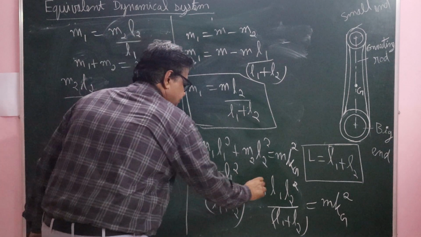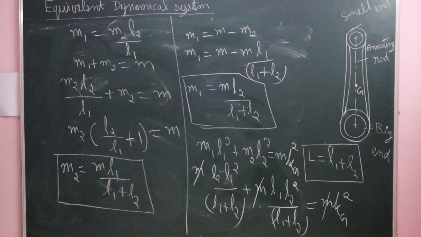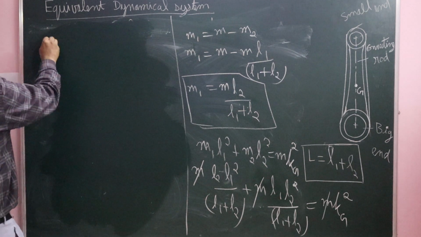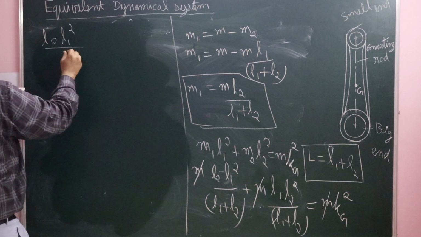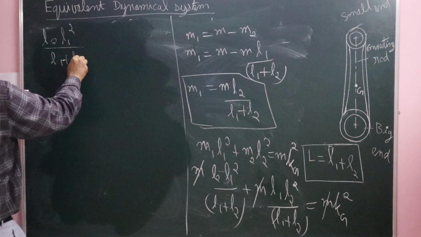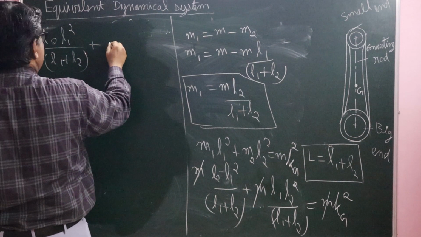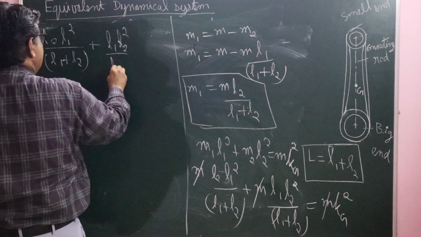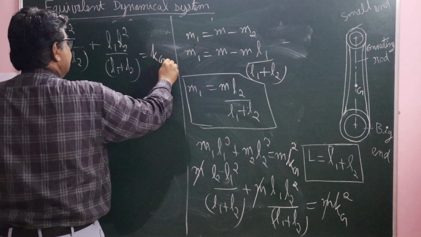M cancels M. Therefore it becomes L2 L1 square by L1 plus L2 plus L1 L2 square by L1 plus L2 equal to kg square.